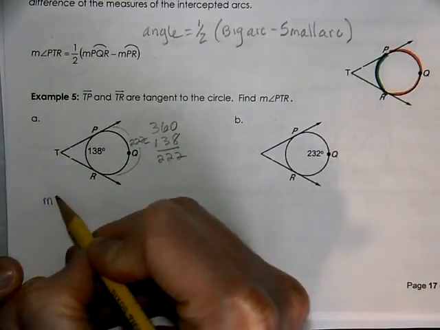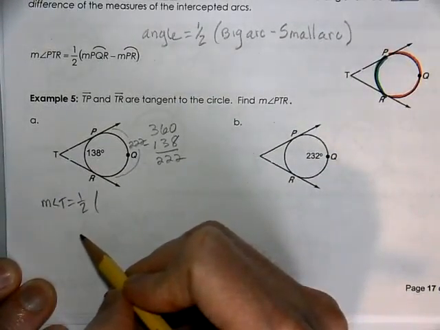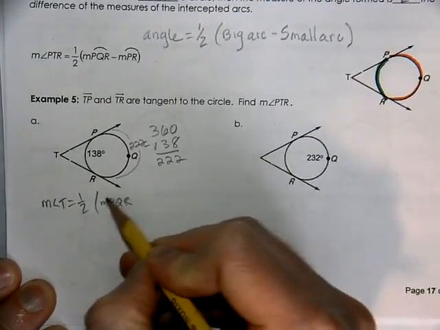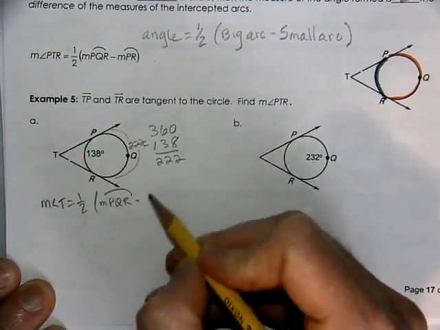Now we're going to say that the measure of angle T equals half the big arc, which is the measure of PQR, minus the smaller arc, which is the measure of arc PR.